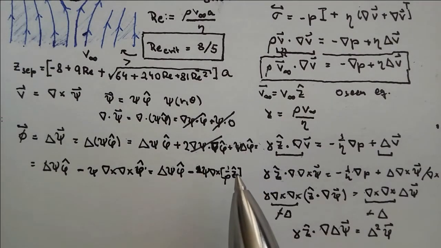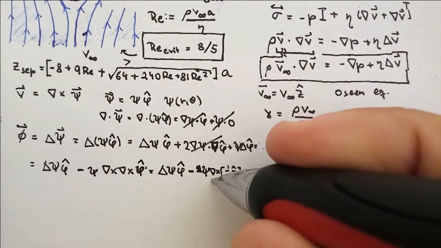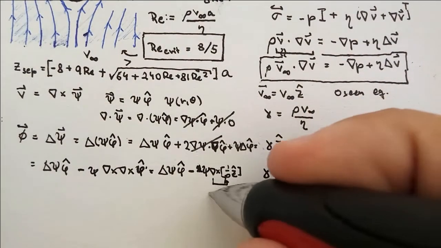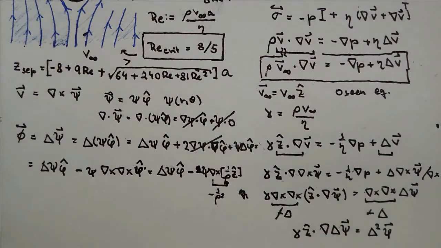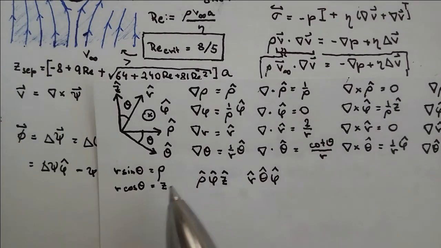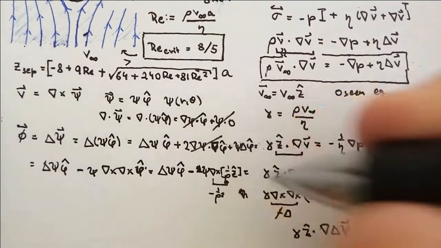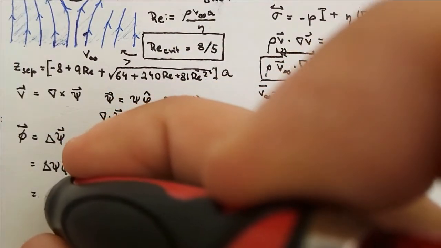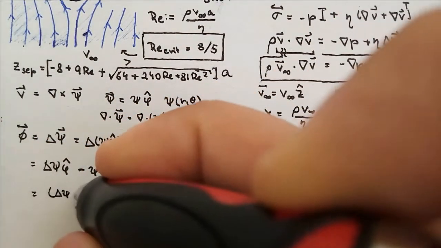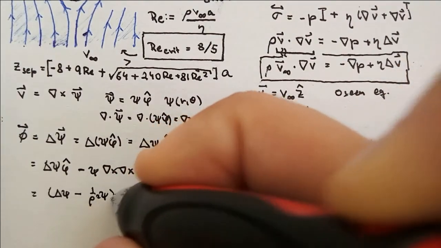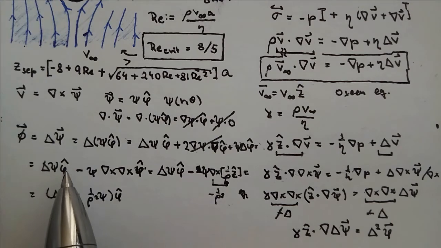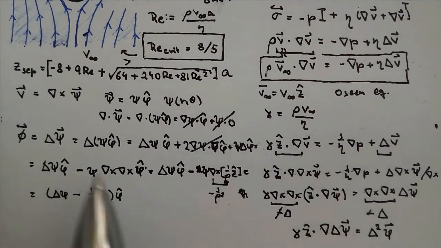The gradient of the z vector is 0 because it's a constant field, so we only have to compute this part. By the Leibniz rule, it's minus 1 over rho squared times the gradient of rho, which is rho hat, and rho hat cross z is minus phi hat. So minus and minus, this is minus 1 over rho squared times phi hat.